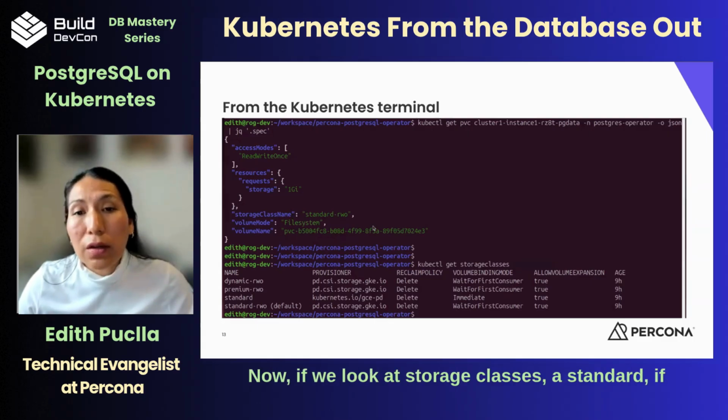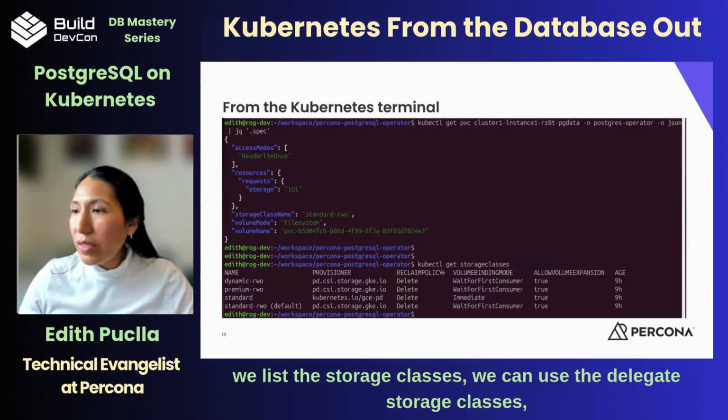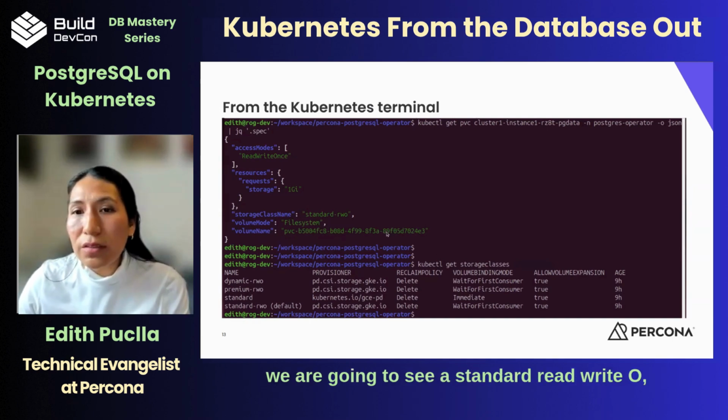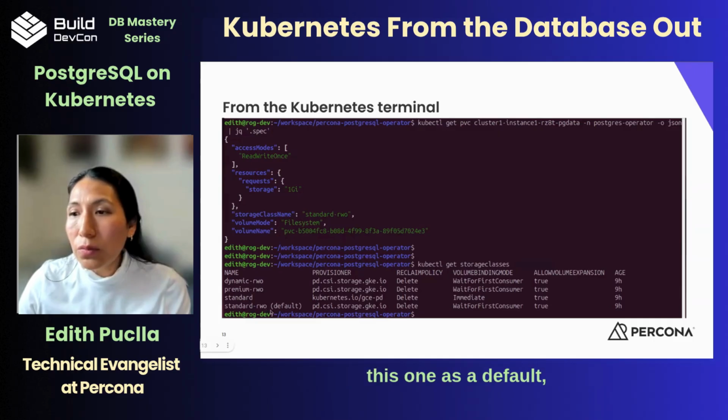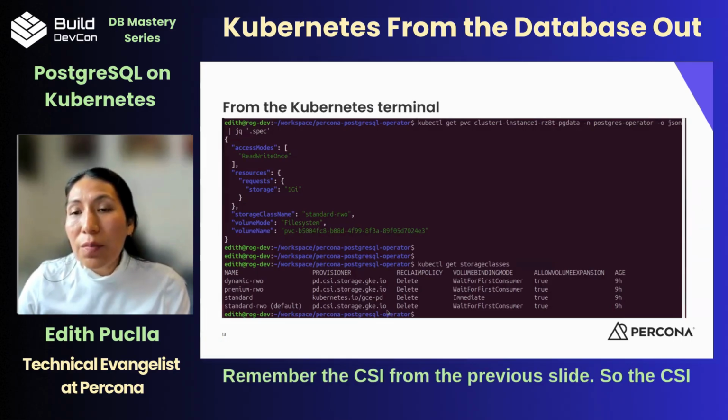Now if we list the storage classes with kubectl get storageclasses, we are going to see standard-rwo, this one, as a default, and it uses the pd.csi.storage.gke.io provisioner. Remember the CSI from the previous slide.